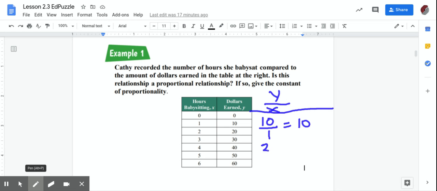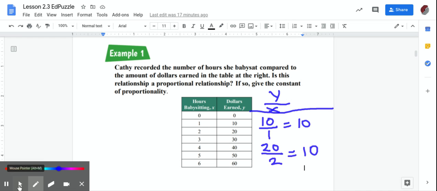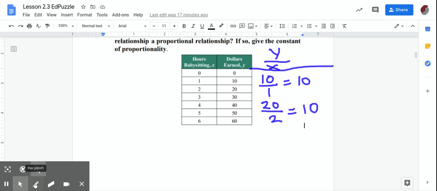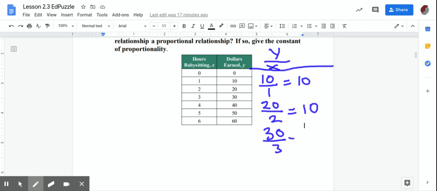So we're going to write that as 20 over 2, which equals 10. 20 divided by 2 is 10. Then I'm going to check 30 divided by 3, and I get that 30 divided by 3 is 10.